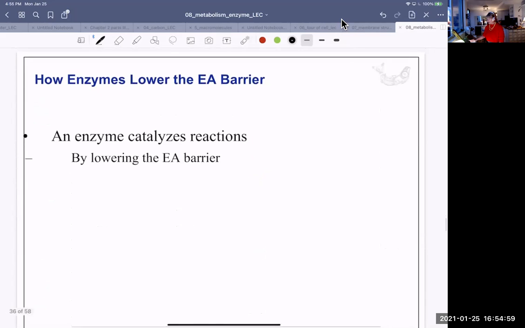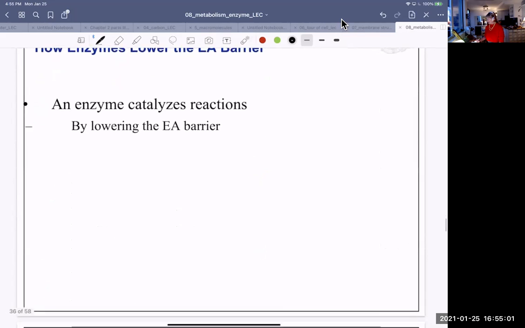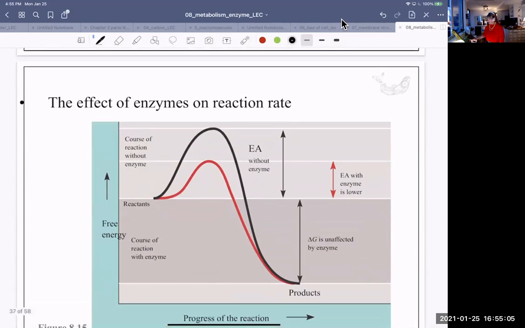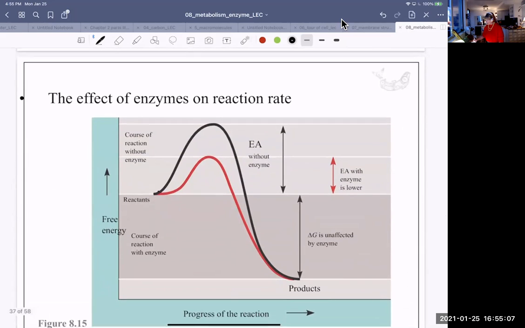How do enzymes then lower that barrier? They can lower this activation barrier. So this would be without an enzyme, it's quite a high barrier, but with the enzyme, it's less. So it's more likely to occur with that enzyme, and of course at a greater rate, which is what we want.